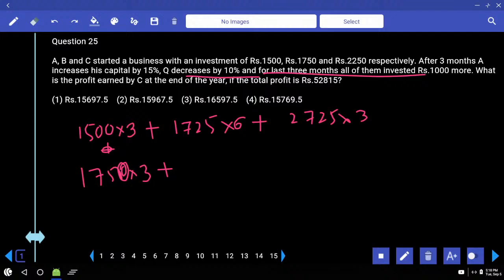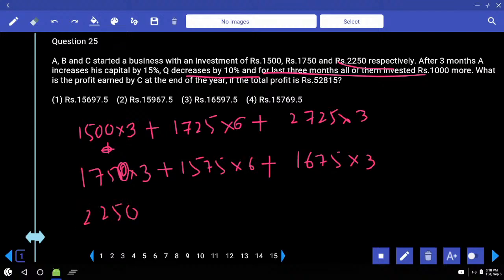1575, yes. 1575 into 6 plus 1675 into 3. Thousand more, right? Now tell me R. 2250. He did not change up to 9 months.